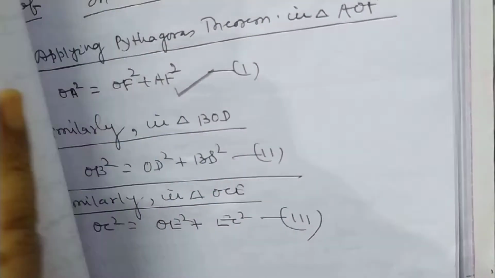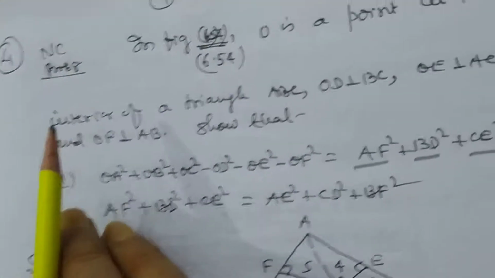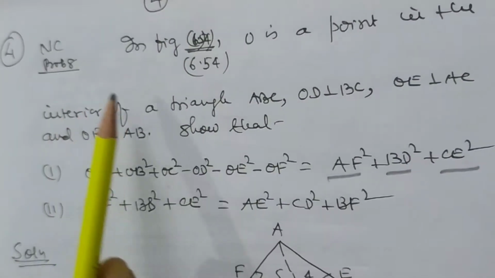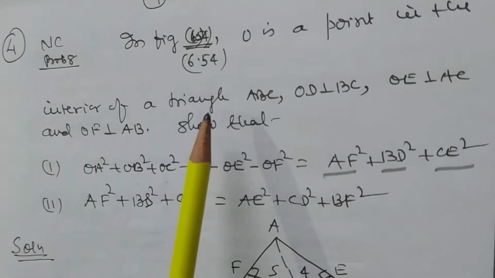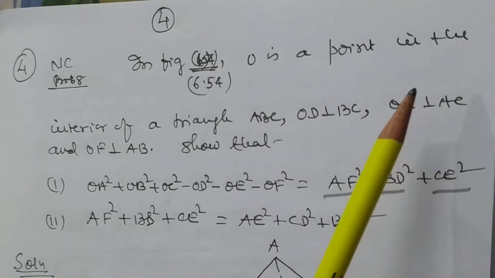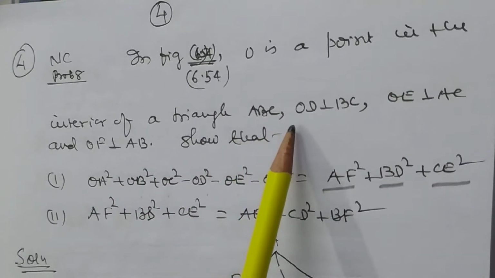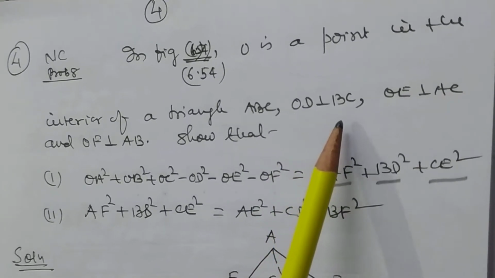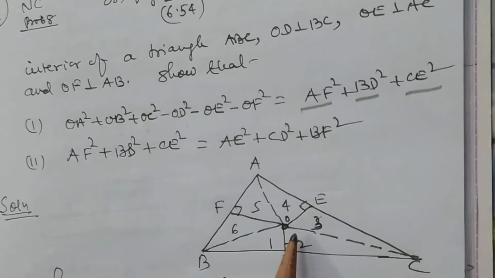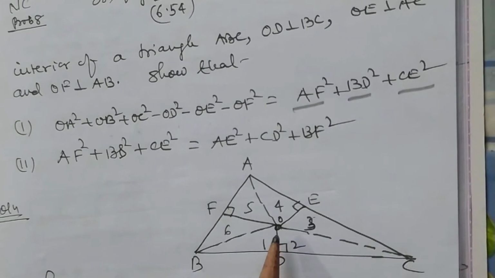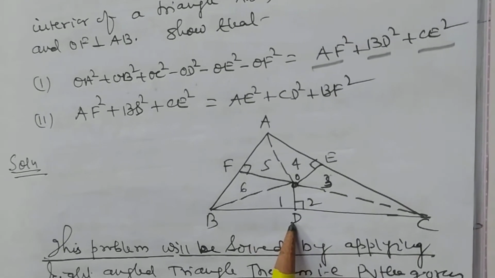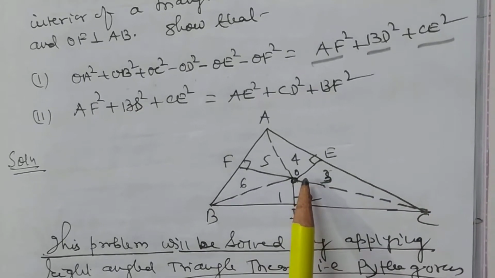My dear students, now I want to discuss problem number 8 of this NCERT book and problem number 4 of this study material. In figure, O is a point in the interior of a triangle ABC, OD perpendicular to BC, OE perpendicular to AC, and OF perpendicular to AB.